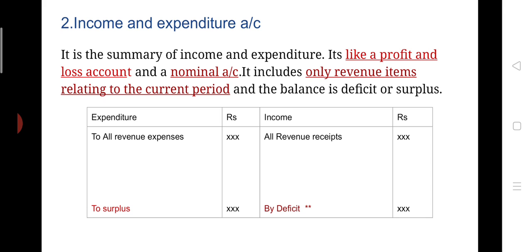But in the income and expenditure account, we write only the current period, because the main objective of making this account is just to find out surplus or deficit. So only current items are allowed.